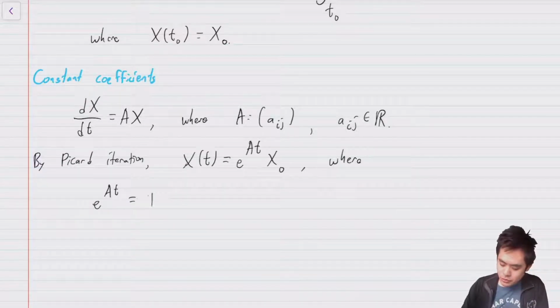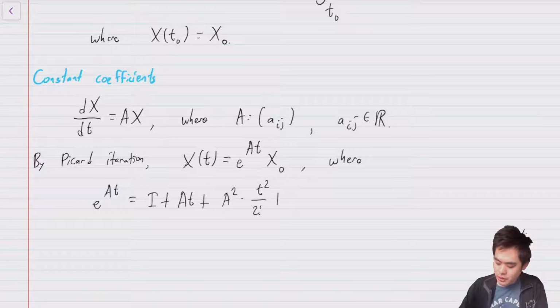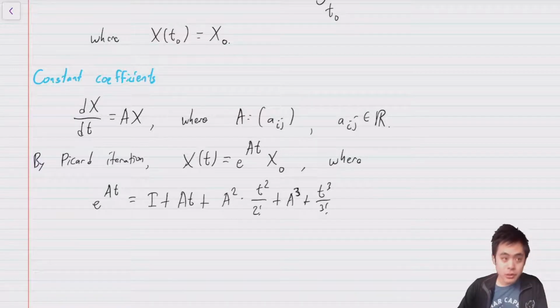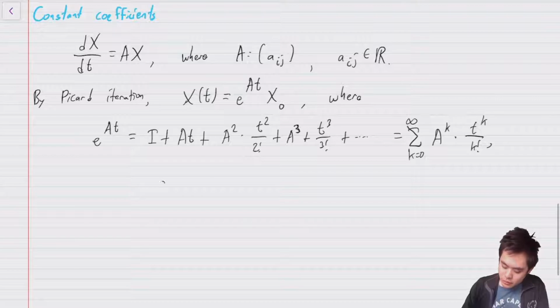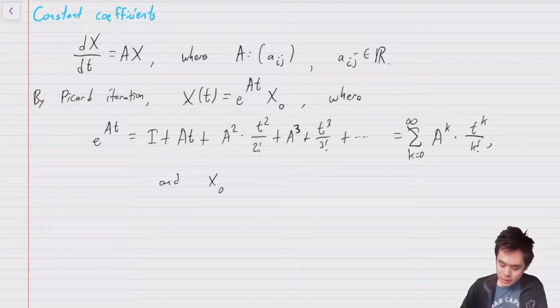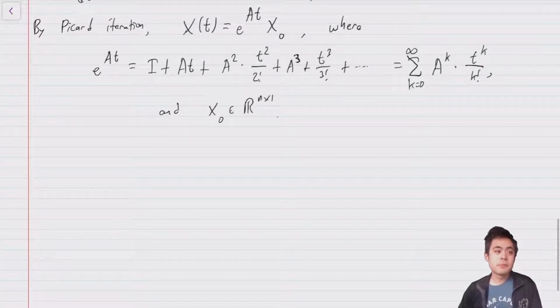It is equal to I plus At plus A squared t squared over 2 factorial plus A cubed t cubed over 3 factorial, all the way to infinity. So this is the sum from k equals 0 to infinity of A to the k times t to the k over k factorial. And of course, x naught is going to be a column vector, so an n by 1 real vector.